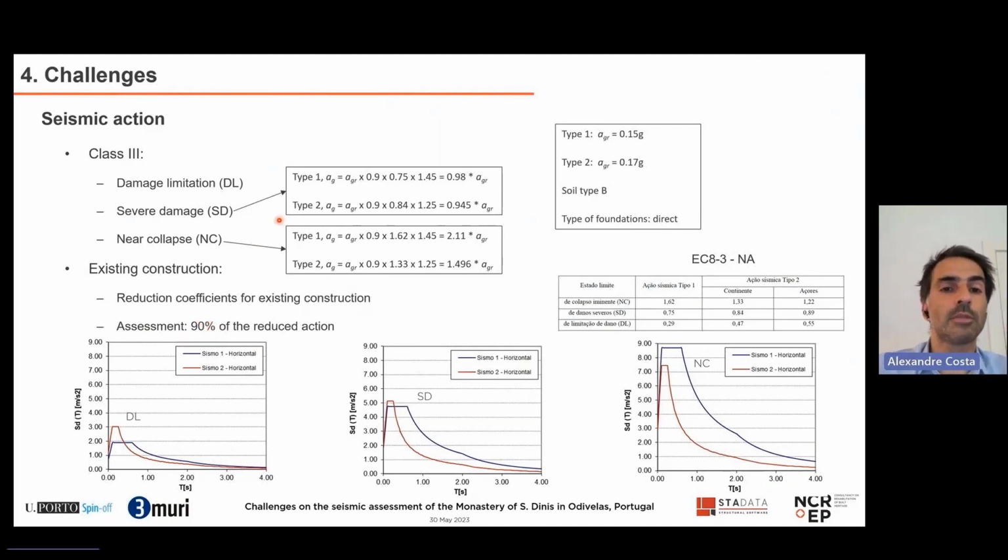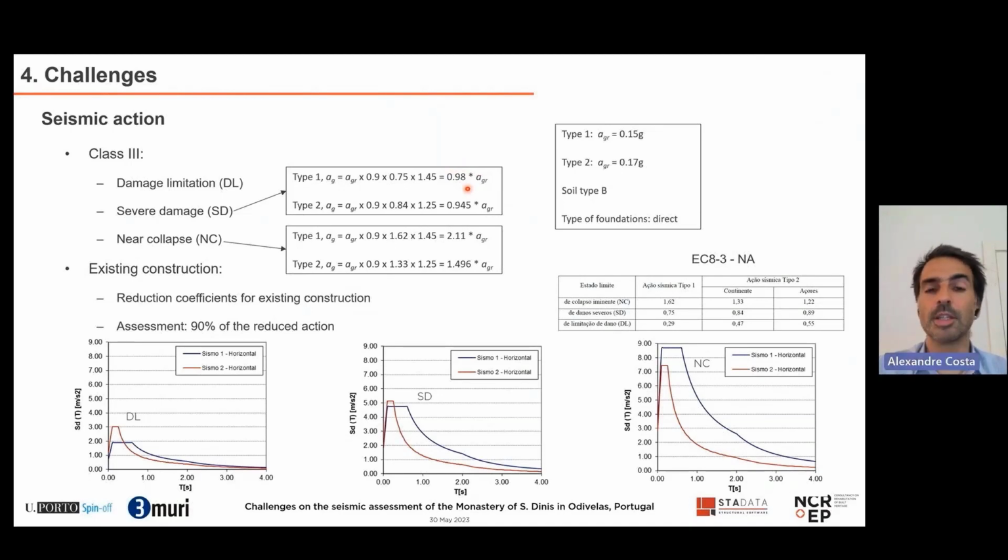So this means that, for example, for type 1, for severe damage, we have the seismic hazard, or at least the PGA that comes from the seismic hazard. Then you have 90%, then you have 75%, but then we multiply it by the coefficient of importance. This means that in the end, we have almost the same seismic action that is considered for new buildings with importance class 2.